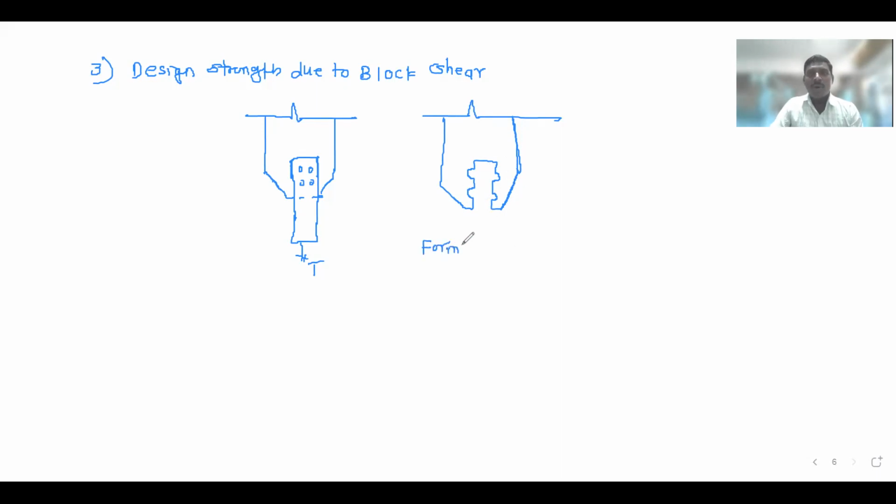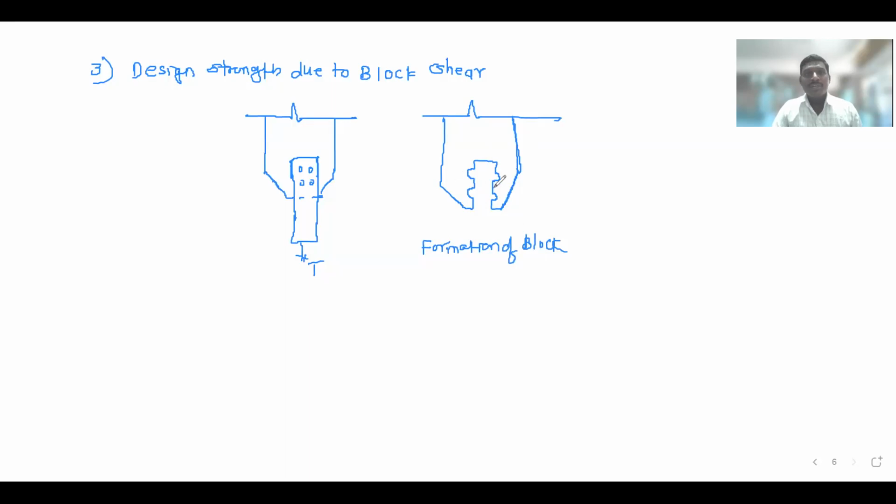This is the formation of a block. The third failure is the block shear failure. First failure we have seen is yielding, second is rupture, and third is block shear.